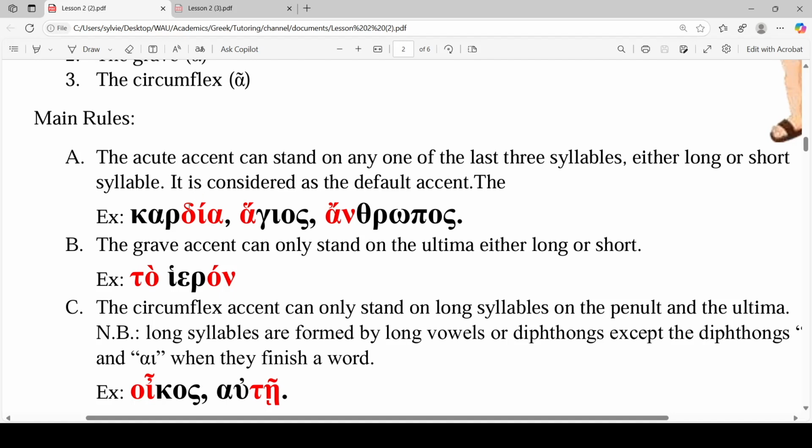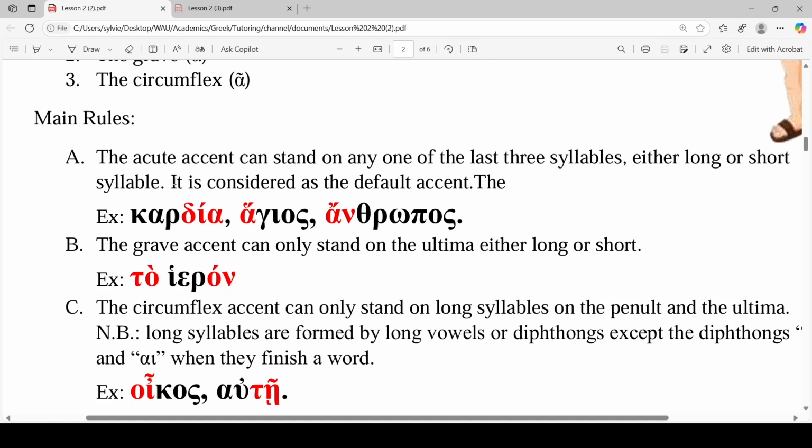But once there is this accent here on the last syllable, by the way, I want you to remember the three types of syllables in the Greek language. We've seen in the previous lesson that only the last 3 syllables of a Greek word can be accented, and this is our first rule.